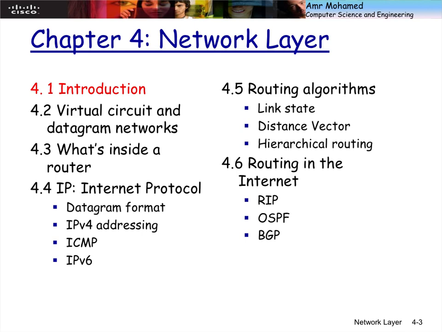For each layer, we try to have some kind of logical circuit or connection establishment, and that, as we said before, helps us maintain the order of transmission, facilitates some reliable transmission, and also gives us an idea to provision some resources for this virtual circuit or for the connection end-to-end.